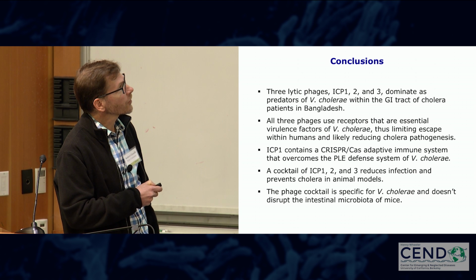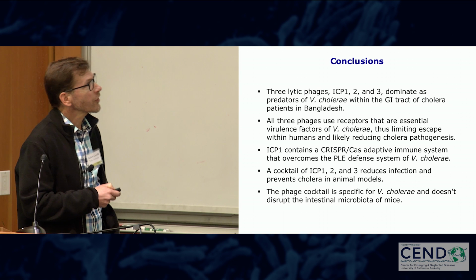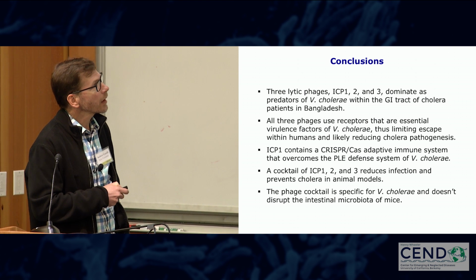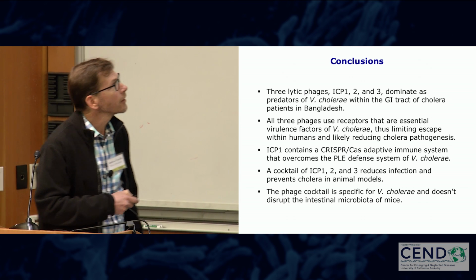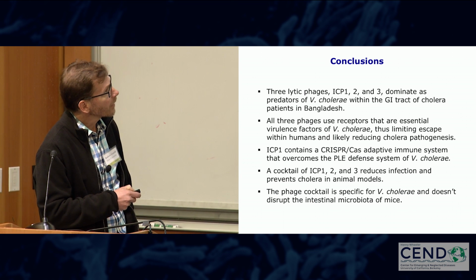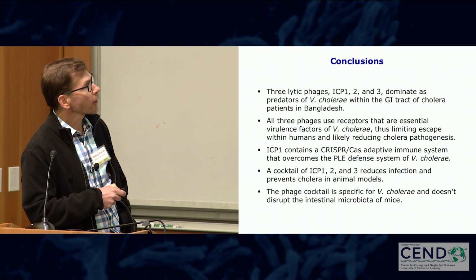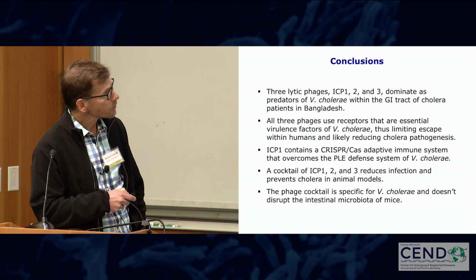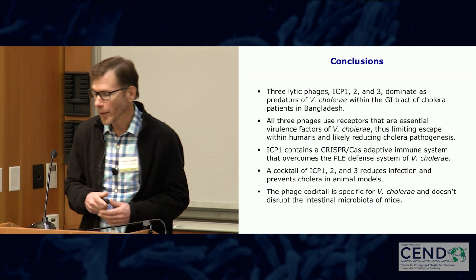One of our phages can rapidly evolve to be resistant to this PLE defense system that Kim talked about, and so that is a very interesting type of phage to have in a phage cocktail. And then this cocktail of the 3 phages can reduce infection and prevent cholera in these 2 animal models. And the phage cocktail is specific for Vibrio cholerae and doesn't affect the microbiota.